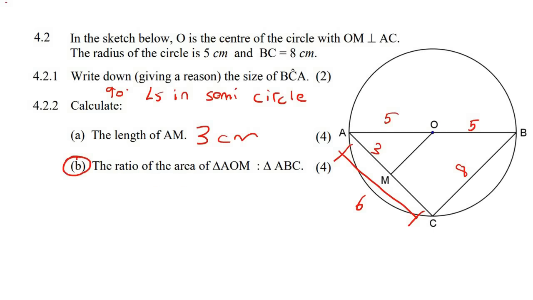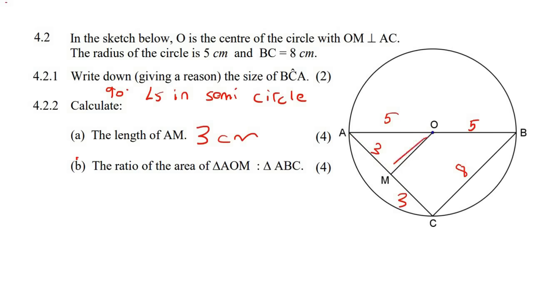Okay, so this question says, calculate the ratio of the area of triangle AOM. Okay, so let's just quickly put a 3 here. So triangle AOM to triangle ABC. Okay, so this length over here is missing, and we need that because we need to know the base of that triangle. Or you might call it the height, the base, doesn't really matter.